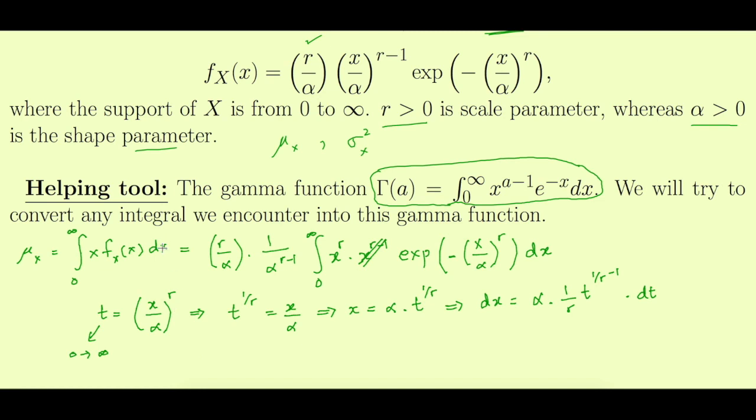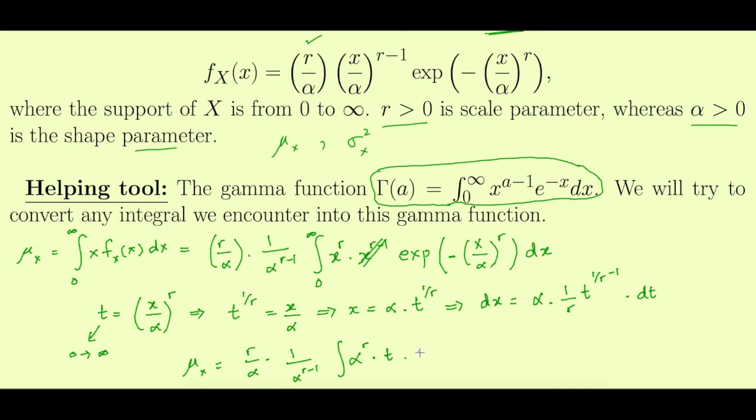Okay, so now coming back to our mu x, it becomes r over alpha, 1 over alpha to the r minus 1. Now x to the r, right? So x is what? This. So this is alpha to the r t to the 1 over r times r, so t to the 1. Correct?